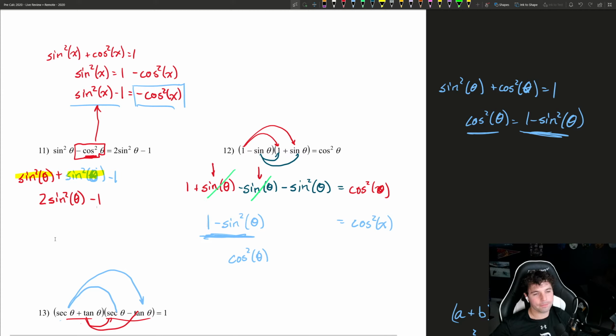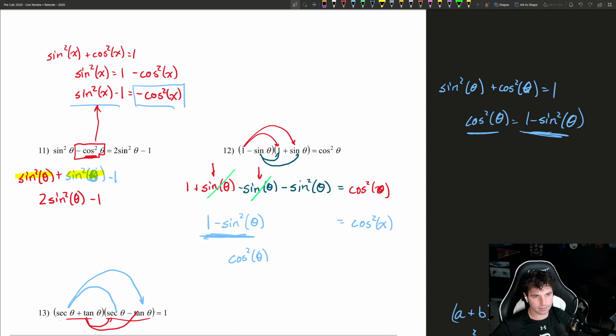But yeah, will something like this be on there? Probably not. Number 12 and 11, or 12 and 13 are definitely fair game. Will those be a harder one? Maybe not. But part of what I'm trying to get you guys to do is just pick a spot, use an identity, and just abuse it. And then usually if you do that, something cracks here or there, and it works.